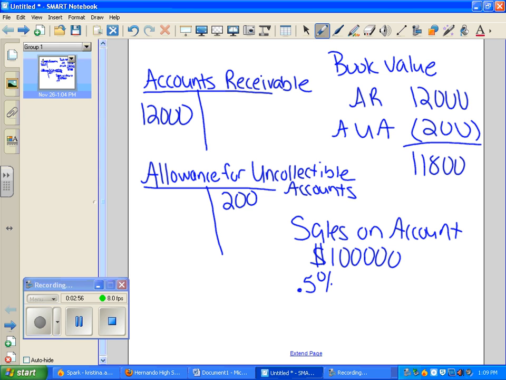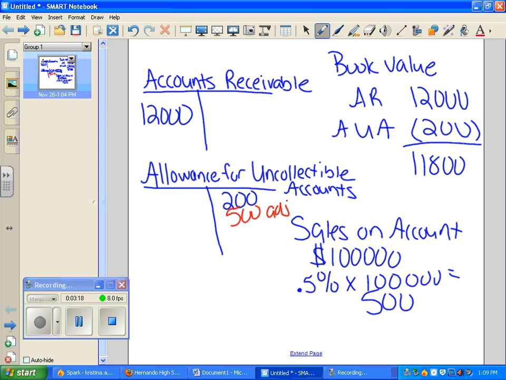So you would say 0.5% times $100,000, and that would be $500. You would take that $500, and that would be your adjustment for allowance for uncollectible accounts. So your adjustment, let's do that in a different color. The adjustment would be a $500 credit.